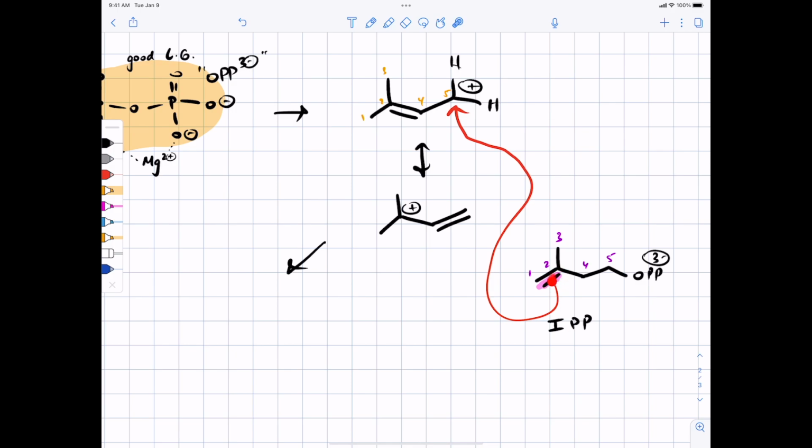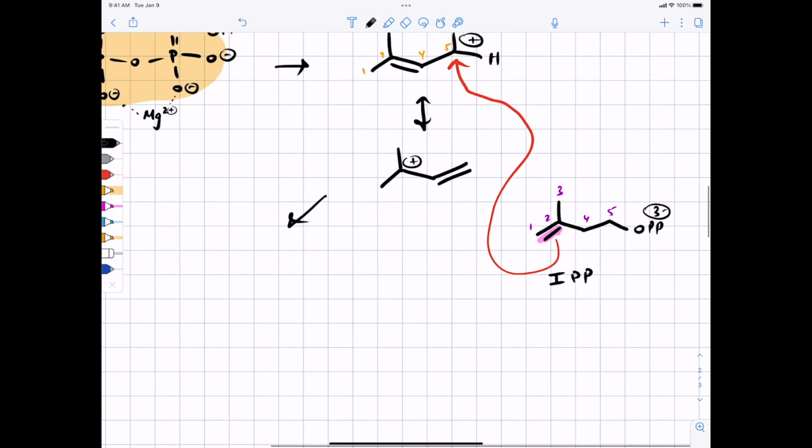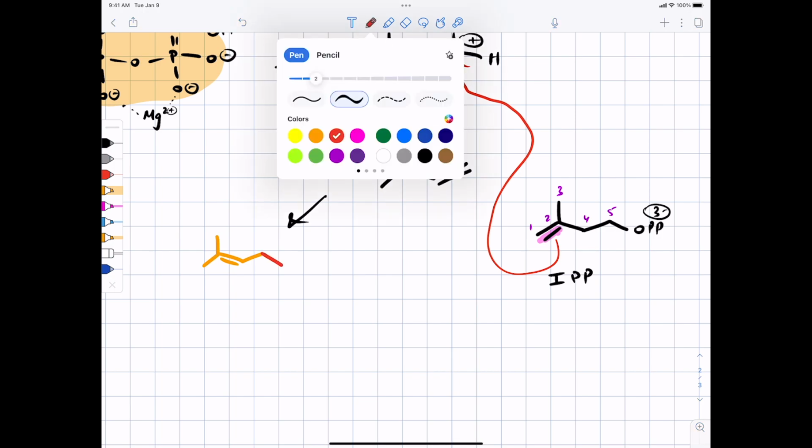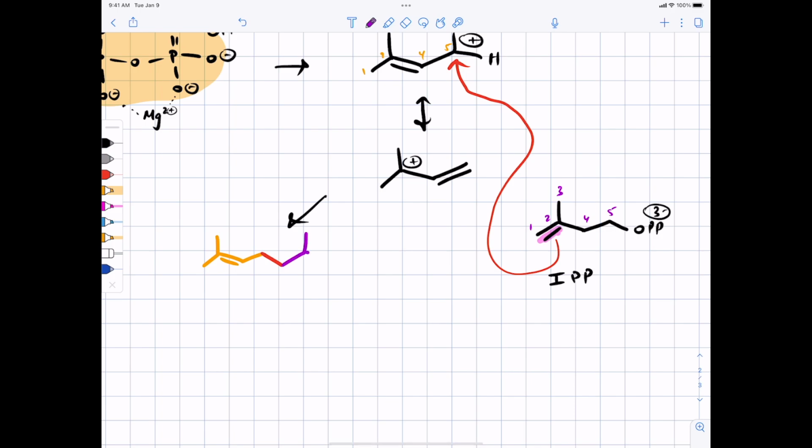You want the positive charge on the more substituted one because it's more stable. So you end up making the following molecule. Here is the new bond between orange 5 and purple 1, and we make that bond so that the positive charge can be on the more substituted carbon where it's more stable.